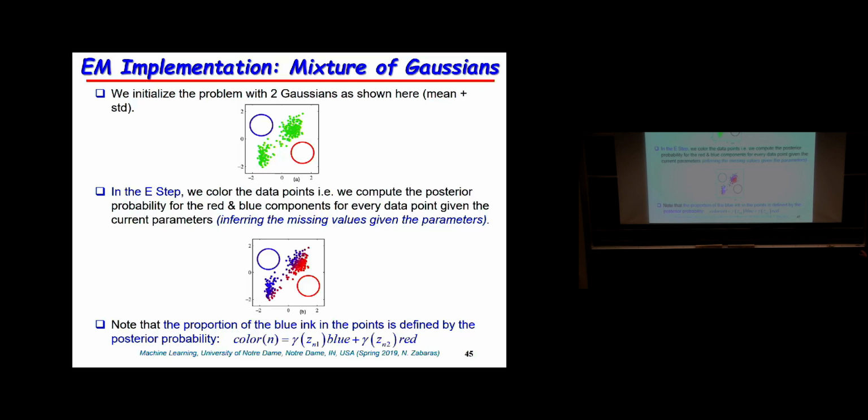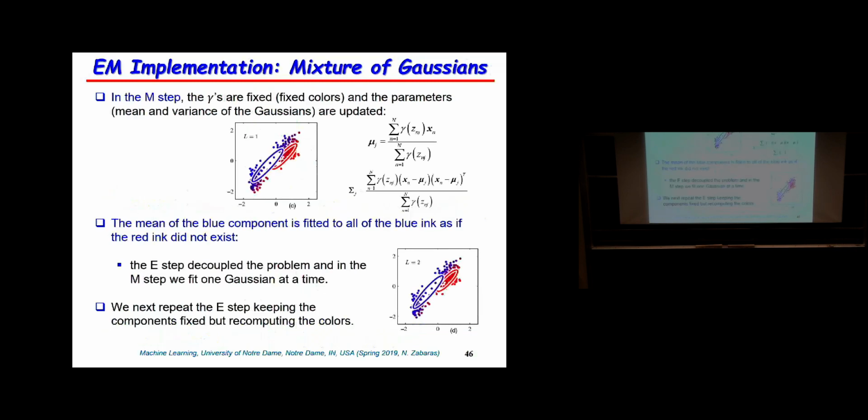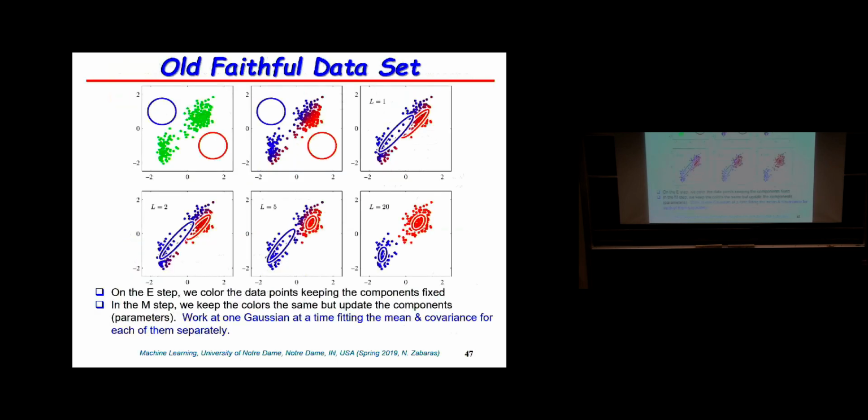And I remind you, more blue and more red, they actually have both colors defined by gamma. Once you decide the coloring, you have to recalculate the mean and the covariance of the Gaussians, and this is here. Then with those fixed, you recolor the points, and you keep going, and in a few iterations you converge.